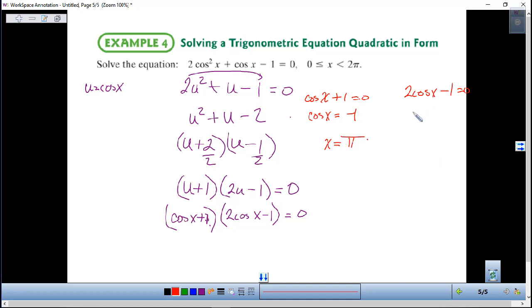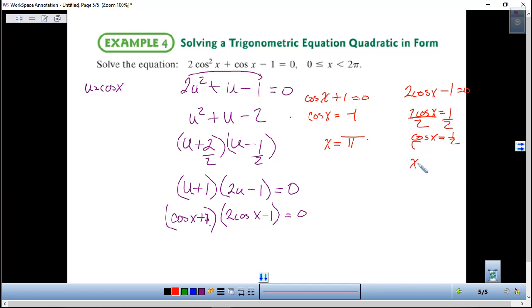And then over here, 2 cosine x minus 1 equals 0. I'm going to move the 1 over. 2 cosine x equals 1, divide by 2. So we're looking for what value of x gives me a cosine x of 1/2. Well, that's going to be in quadrants 1 and 4 for where x is positive. And where cosine is 1 over 2, it's going to be the pi over 3s.